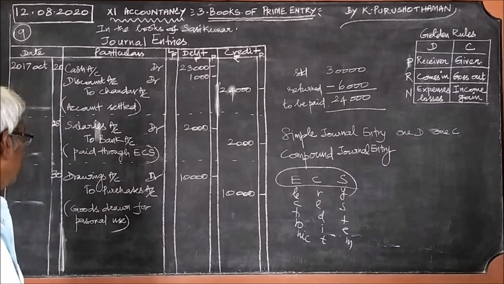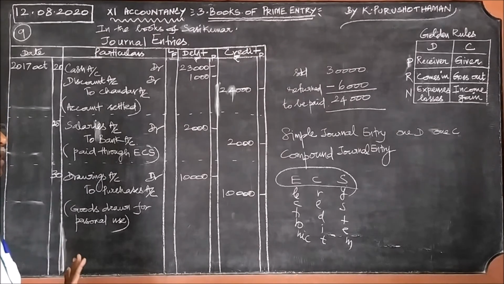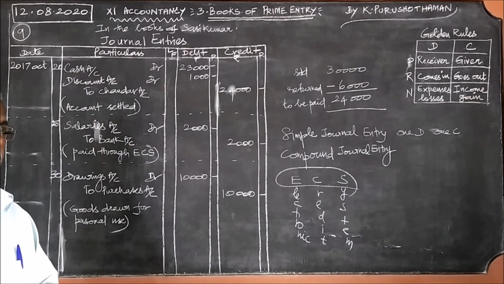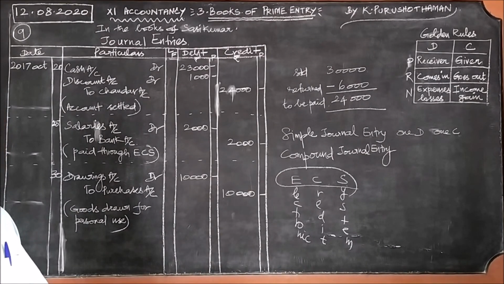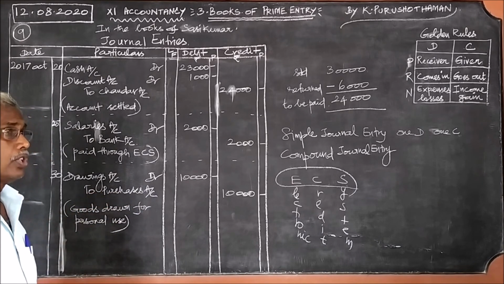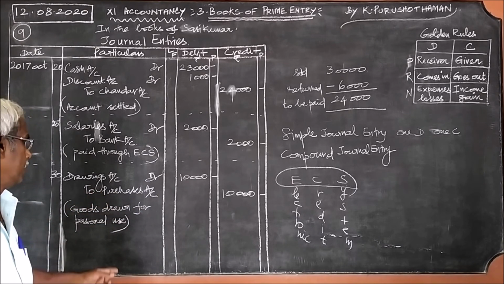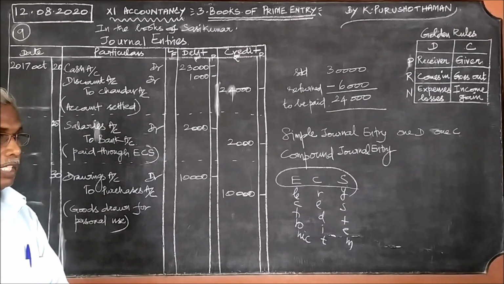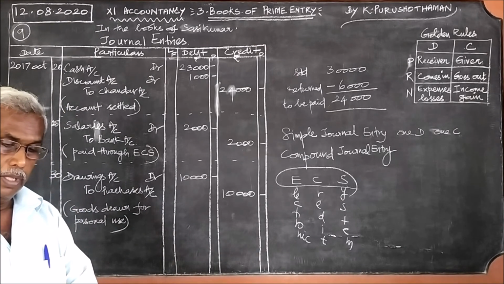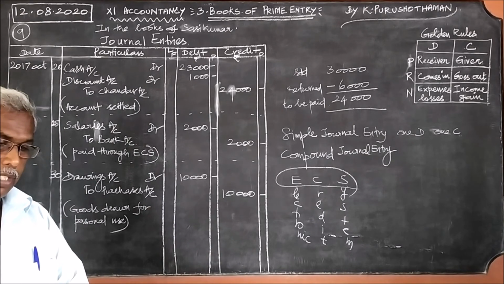This is the journal entry. I repeat once again, when something is drawn for personal use, drawings account debtor, it is definite. But if cash is drawn, to cash account; when goods are drawn for personal use, to purchases account, we should write.